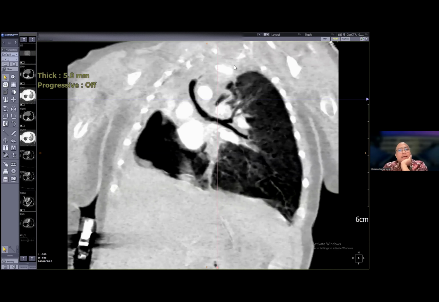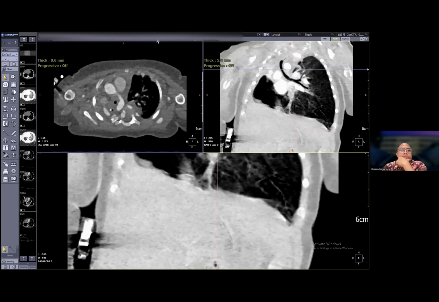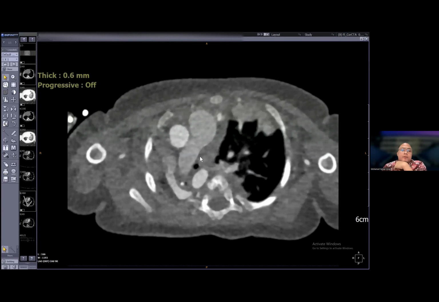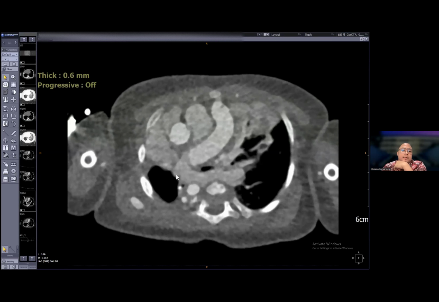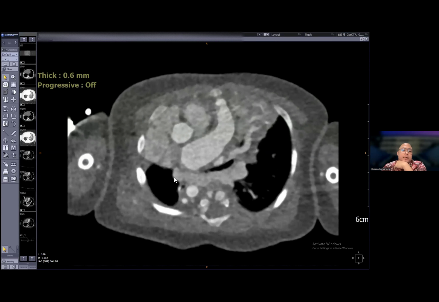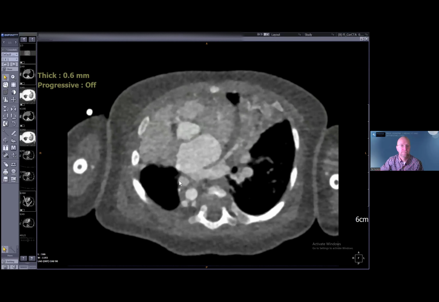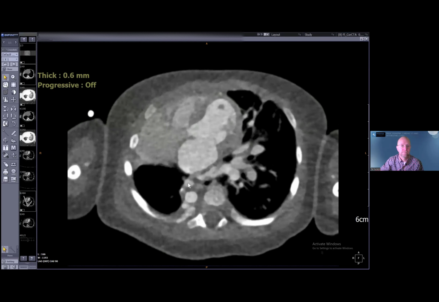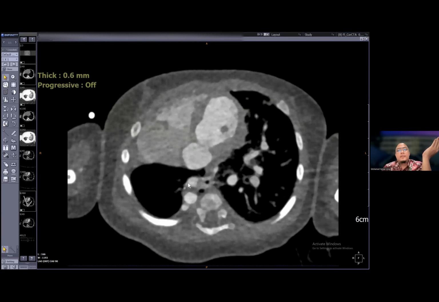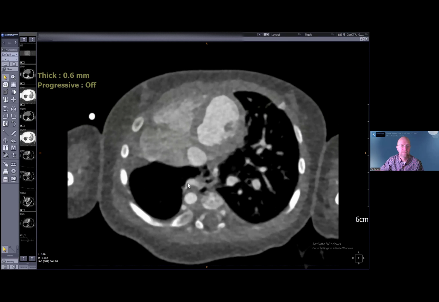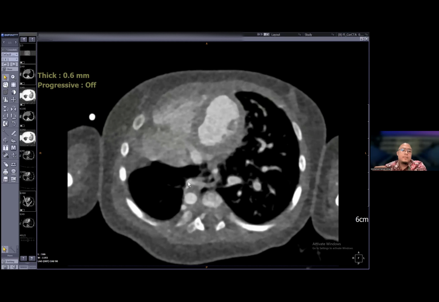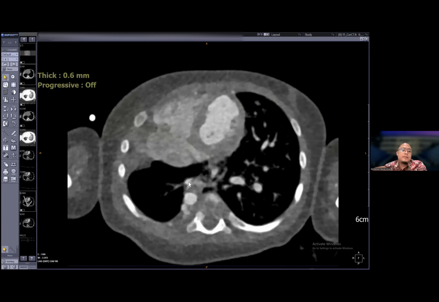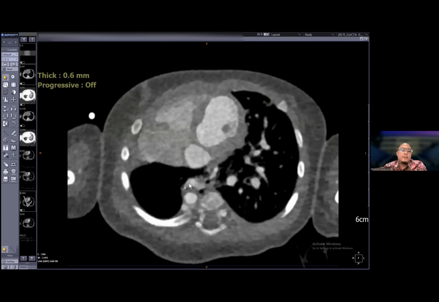Actually, first I thought this is aplasia of the right lung, but when I see the axial, I also see the branch of the right pulmonary artery in here. So this is the right pulmonary artery here.